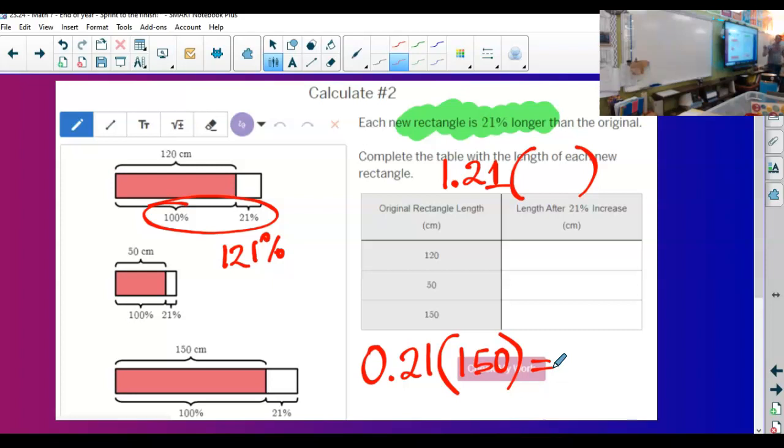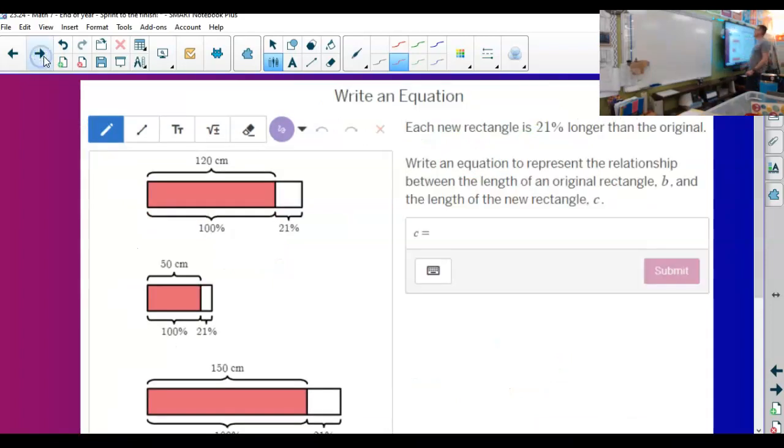So here's where, on slide 6 though, it wants us to tell it the one step, the way we could get there. Or you could write out exactly what you just said. So we could write out exactly what Sophie just talked about, 0.21 of B, since they say C is the new length.